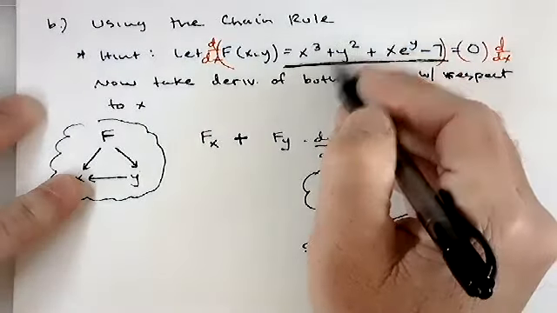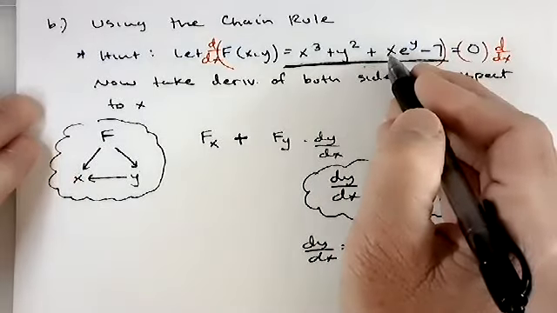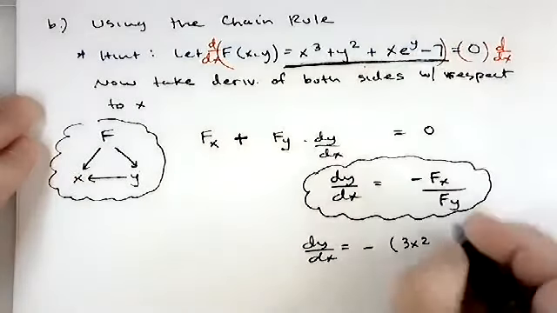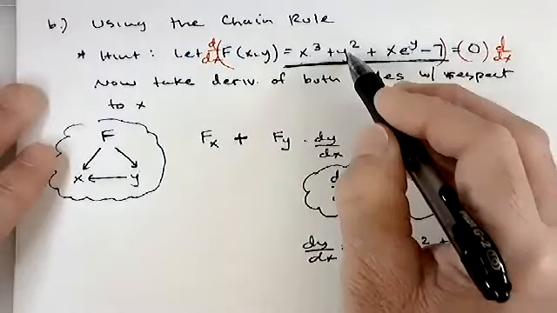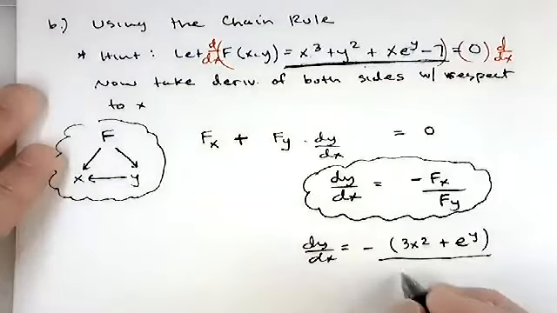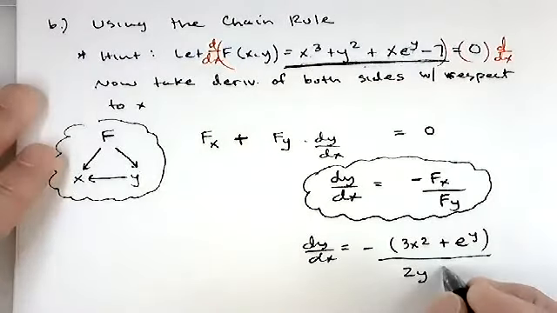This is a constant all by itself, so it goes away. The derivative of x e to the y with respect to x would just be e to the y, because that's constant, that would just come down, and this would be 1. Over my partial derivative of this function with respect to y: x cubed would go away, so it'd be 2y plus x stays there, and the derivative of e to the y is e to the y.